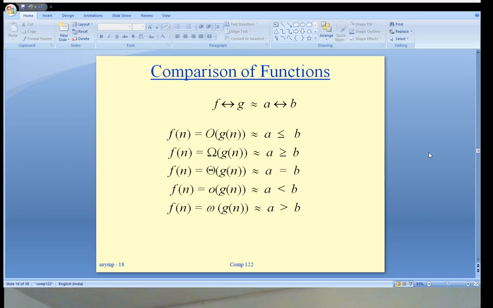And when f(n) is little omega of g(n), then a is greater than b, with no equal sign, meaning in little o, f(n) is always less than g(n), and in little omega, f(n) is always greater than g(n).